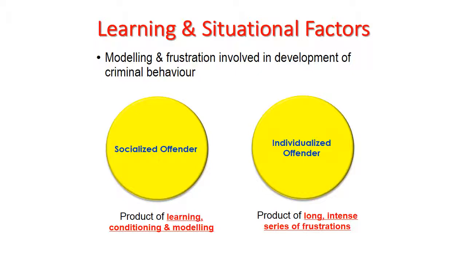On the other hand, frustration, especially when it is prolonged and intense, is likely to result in the individualized offender who does not so much learn deviant behaviors from the people around him, but uses these deviant behaviors as a coping mechanism to deal with the frustration or what he perceives to be unfair treatment from the environment around him. We will look at both these factors and how they can result in deviant behaviors in the next few slides.